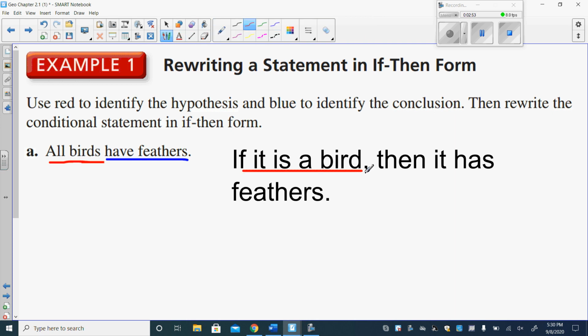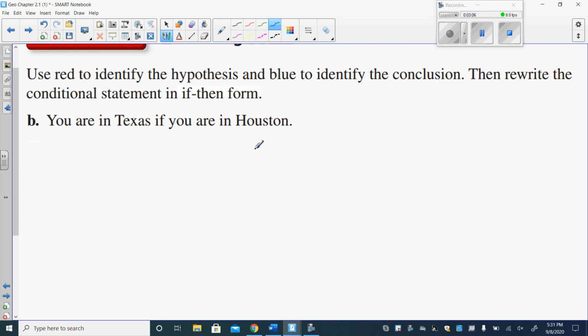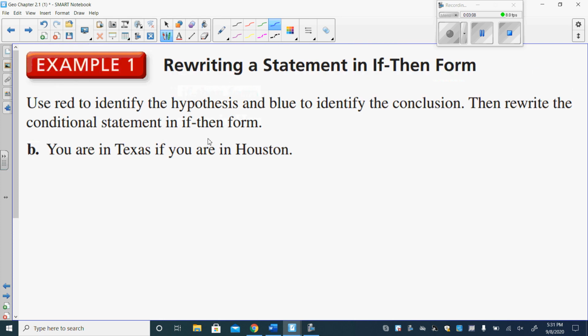If it is a bird, then it has feathers. And that's it. Our hypothesis was: if it is a bird. We're talking about birds. Then it has feathers. This next one is a little bit easier than the last one because it's worded a little bit better. You are in Texas if you are in Houston.